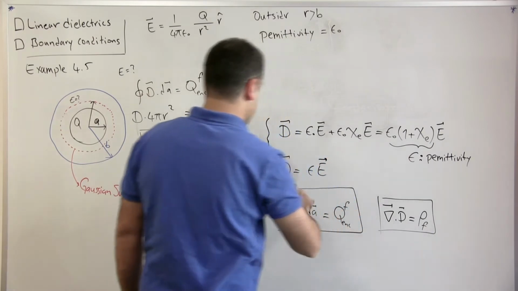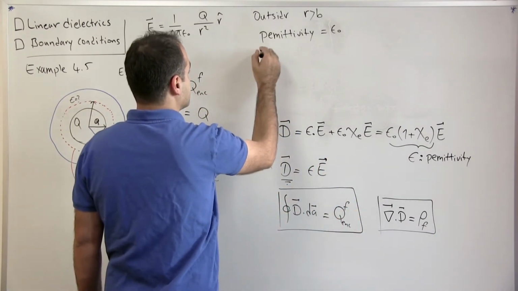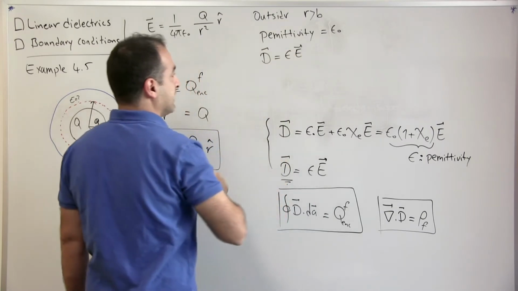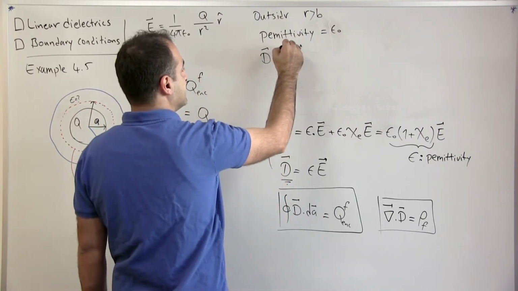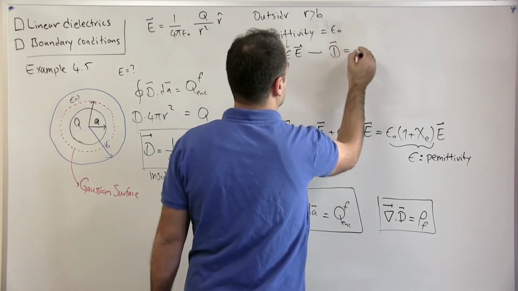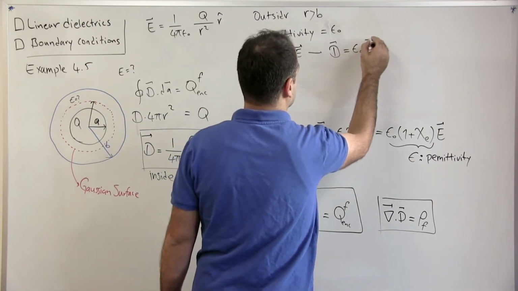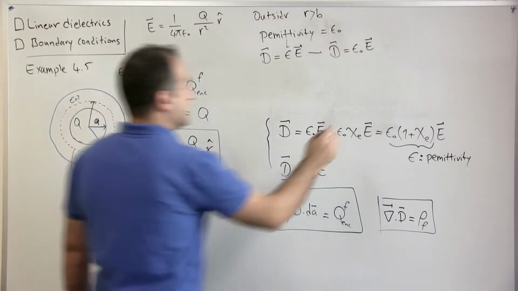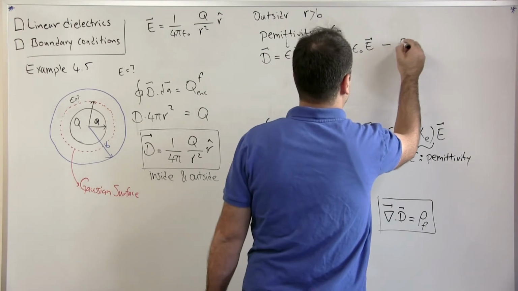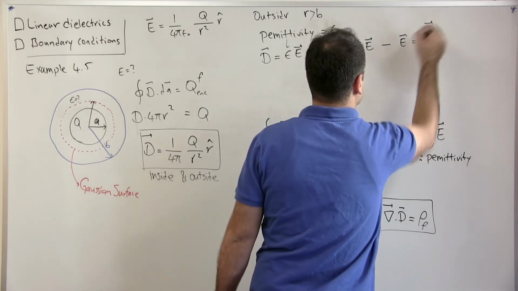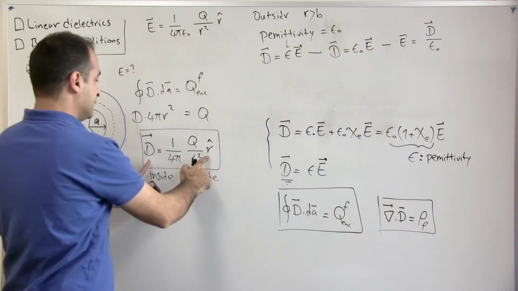If you look at this equation, this is always correct: D is epsilon times E. In free space, permittivity epsilon is equal to epsilon 0, so this equation is D equals epsilon 0 times E. So the electric field is simply D divided by epsilon 0. We already calculated D here.